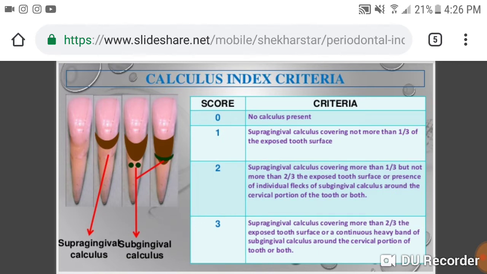Supragingival calculus covering more than 2/3 the exposed tooth surface, or a continuous heavy band of subgingival calculus around the cervical portion of the tooth, or both. As you can see in the arrow, supragingival calculus, subgingival calculus.